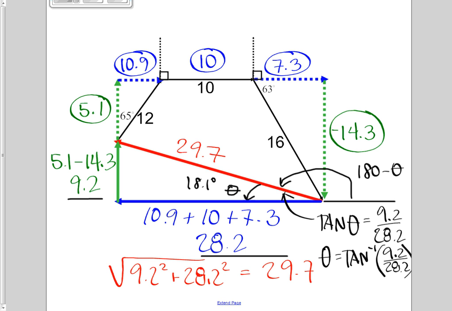So then remember that we're trying to figure out how to find one specific angle from east in the question on the review. And so if I subtract that from 180, I'll get 161.9. So those are my two answers, magnitude 29.7 and the angle is 161.9 degrees.